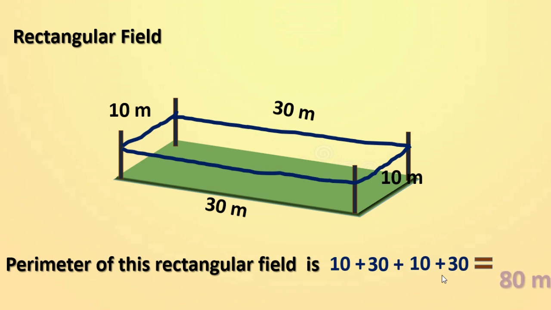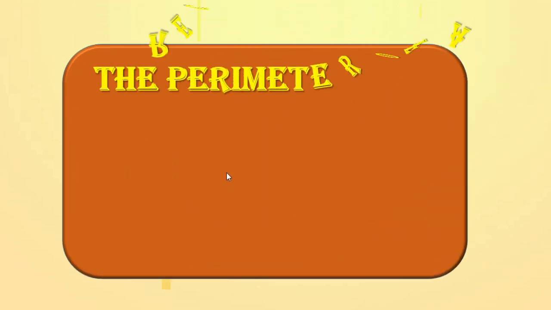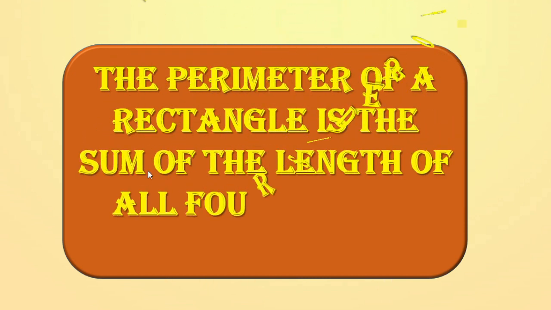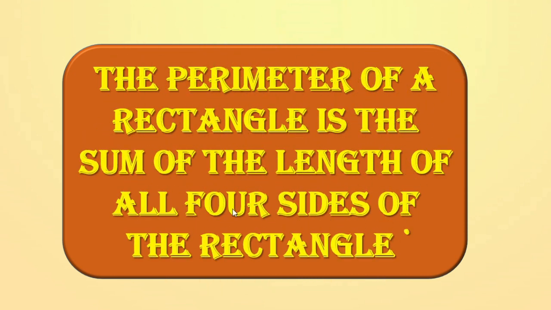Together we need 80 meter of wire to make a fence around this rectangular field. Good. Here we can write like this: the perimeter of a rectangle is the sum of the length of all four sides of the rectangle.